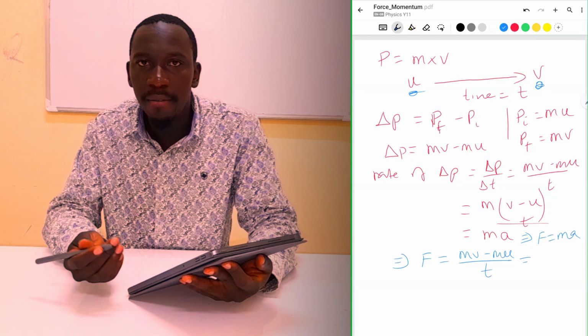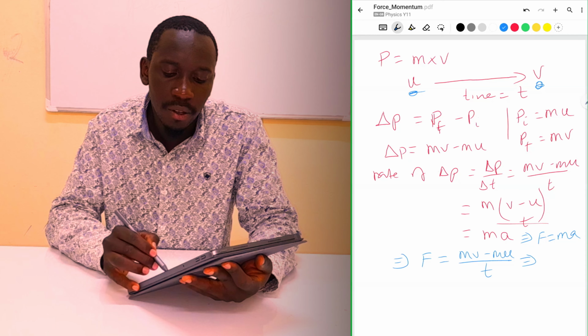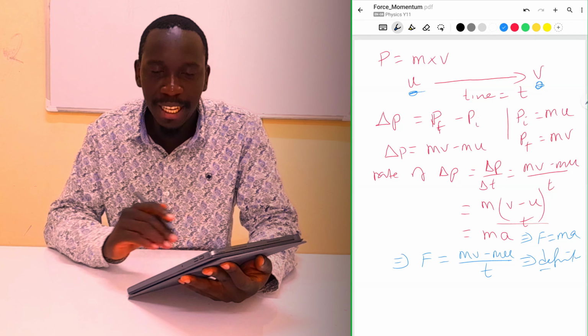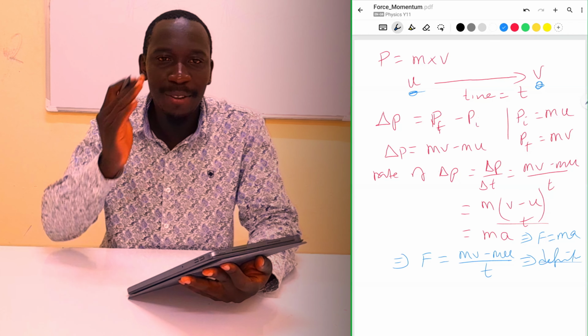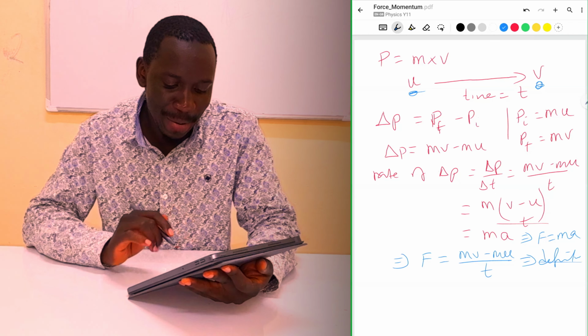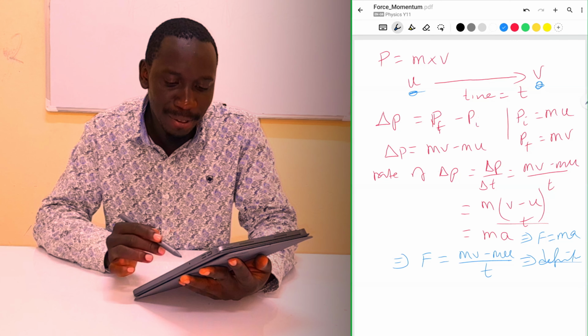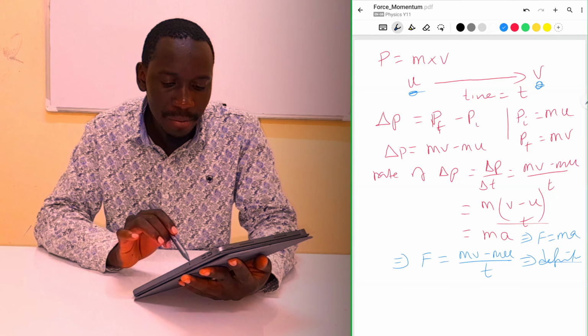Later on in A level, you will realize that this is the definition of force. Right now we are still using the definition of resultant force as a push or a pull. Anyway, no problem. But this is actually the definition of a force, just in case you are asked.